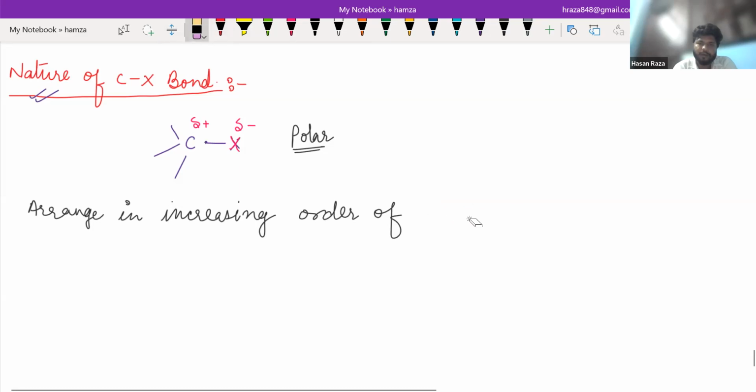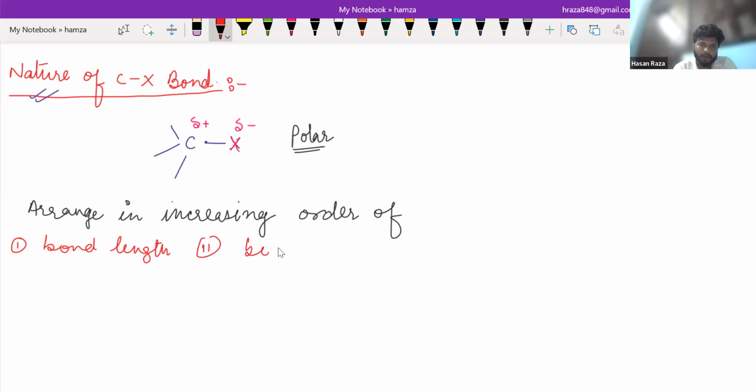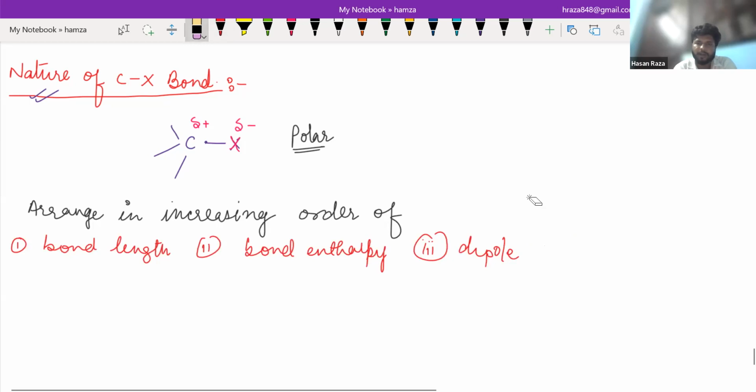Arrange in increasing order of first bond length, then the second is bond enthalpy, then the third, dipole moment. All these terms you have already studied in class 11, dipole moment. And which compounds are we going to arrange?